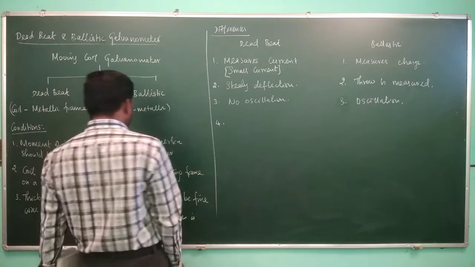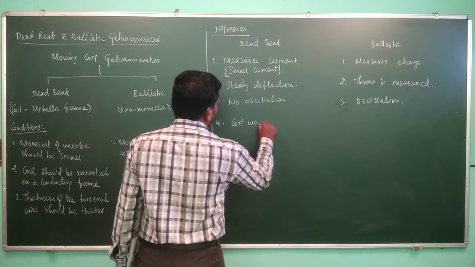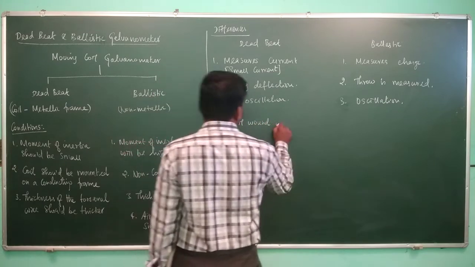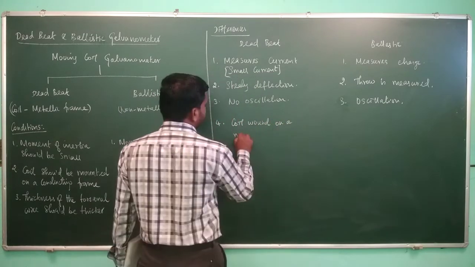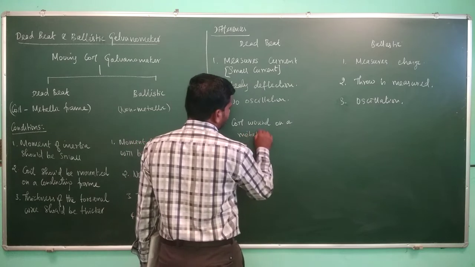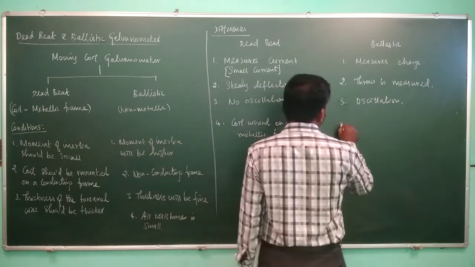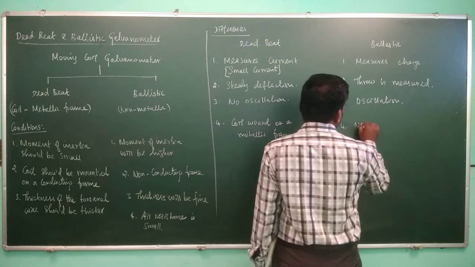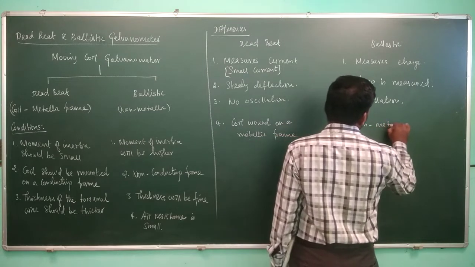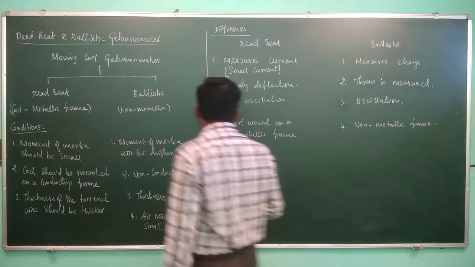In deadbeat galvanometer, the coil is wound on a metallic frame, while here it is wound on a non-metallic frame. Okay.